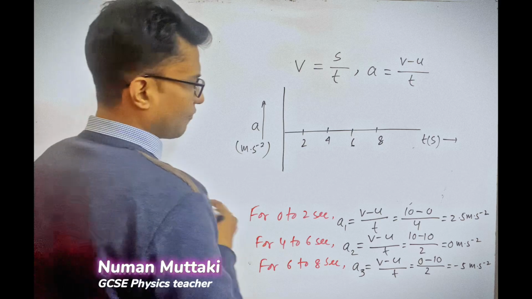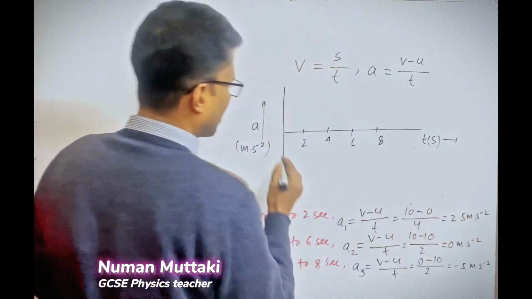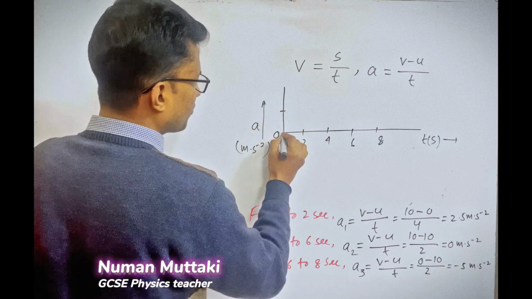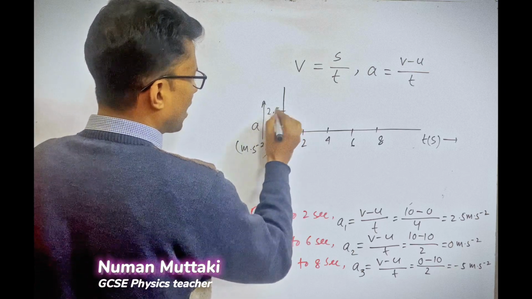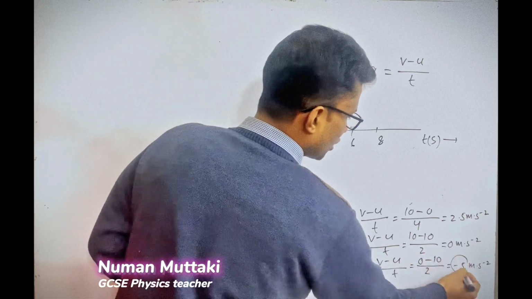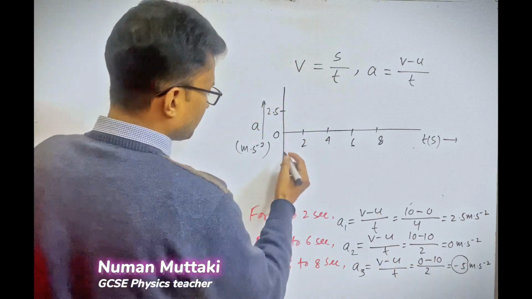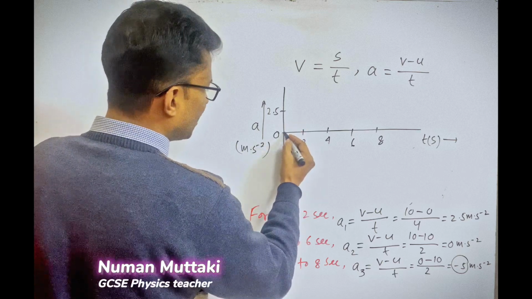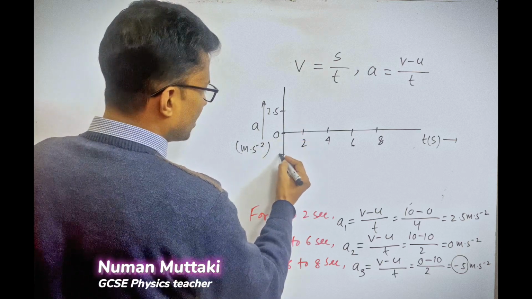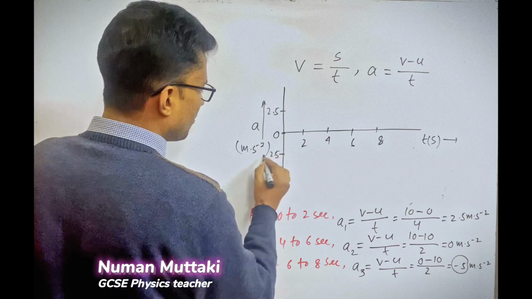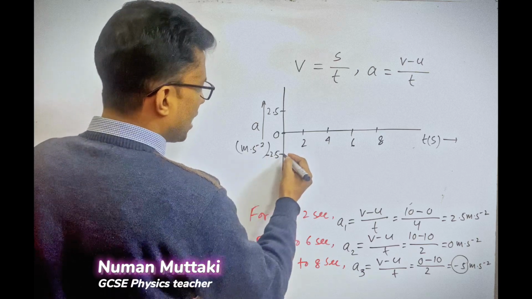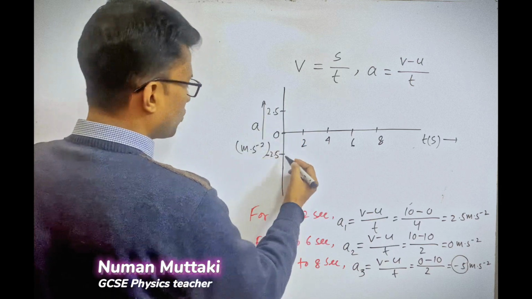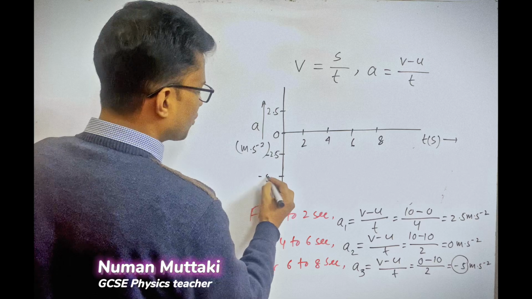The accelerations that we found are plus 2.5, this is 0 acceleration, and here the distance from 0 is 2.5, and there is another acceleration which is minus 5. Using equal distance from O, here is another 2.5, but this is minus 2.5, and using the same distance we draw another point which is minus 5.